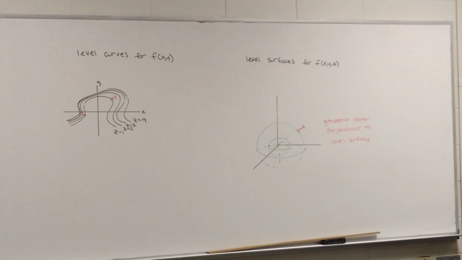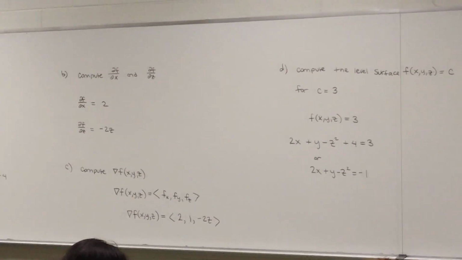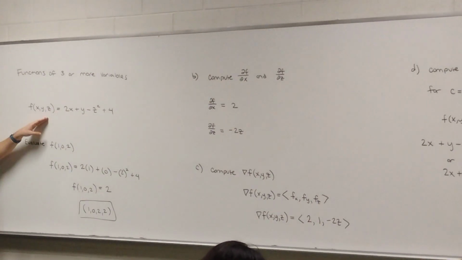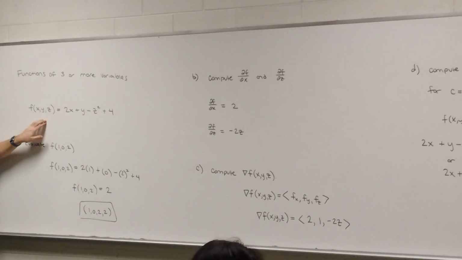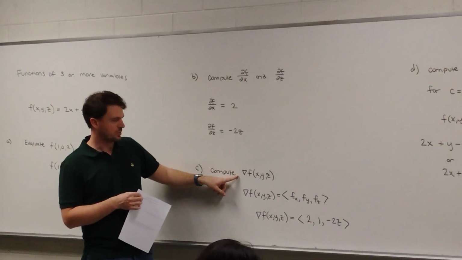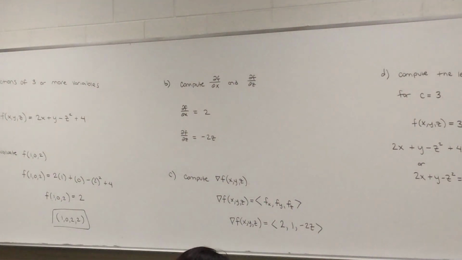But maybe when it comes to the exam and it wants us to compute partial derivatives, it's not a function of 2 variables. Maybe it's a function of 3 variables. You can still compute partial derivatives. You can compute mixed partials. Maybe I want a gradient vector. We can just have multiple variables now, and you're just going to go x component, y component, z.